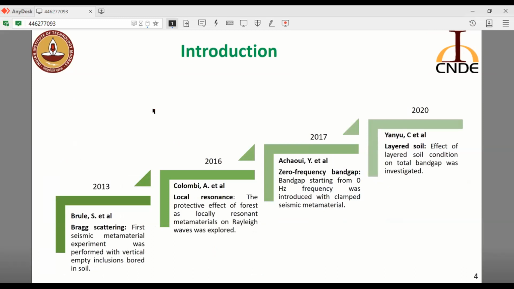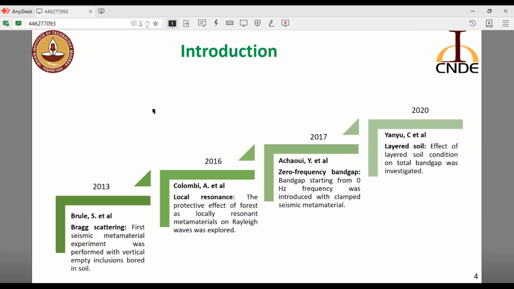So over a period of time, researchers have done studies. Sebastian proposed Bragg scattering seismic metamaterial in 2013, where he performed an experiment creating holes in a soil substrate, and he obtained a narrow band gap around 50 hertz, which is way too high for seismic disturbance.